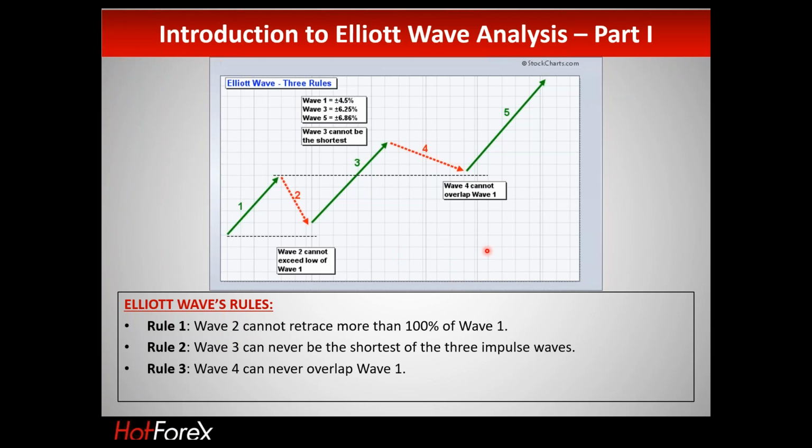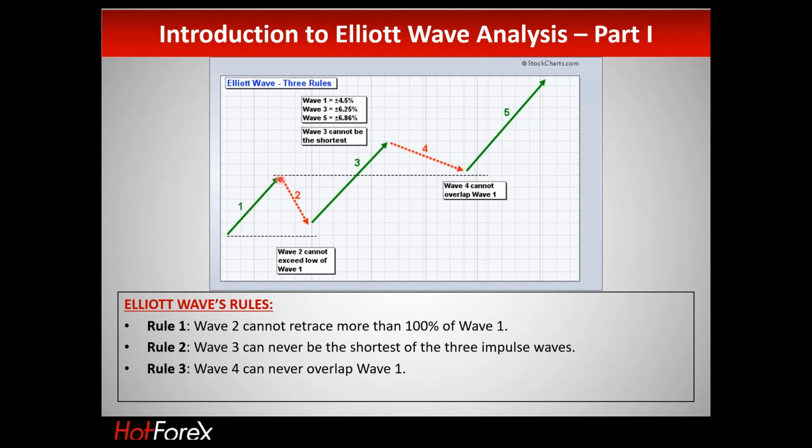Elliott wave indicates that wave 3, I'm still in rule 2, must exceed the high of wave 1. So you see, the Elliott wave principle can only be confirmed if the third wave is the longest one, but also if it exceeds the peak of wave 1.